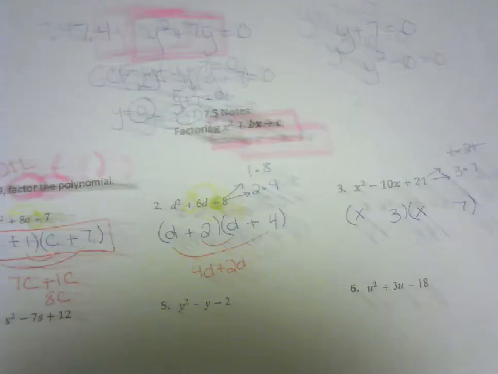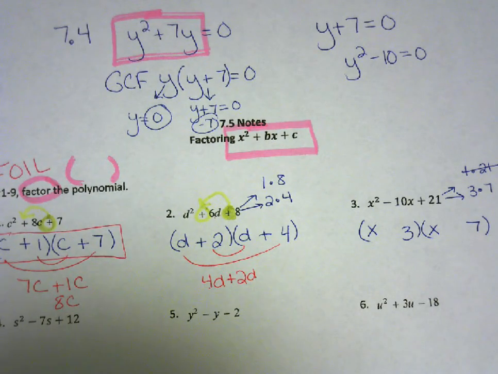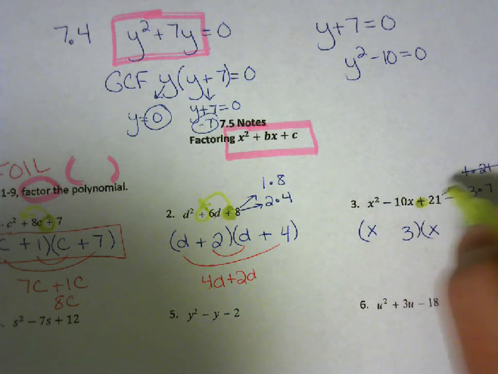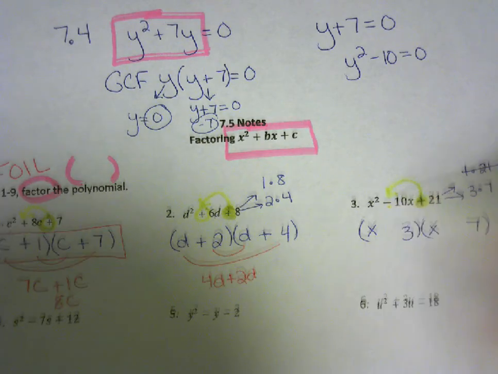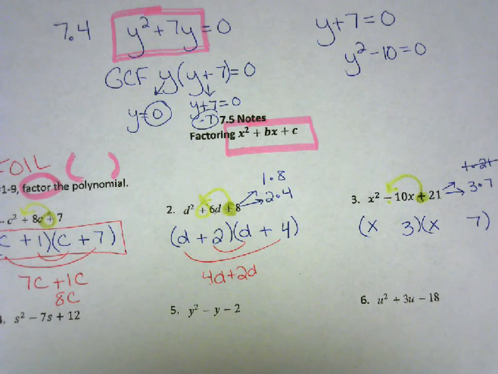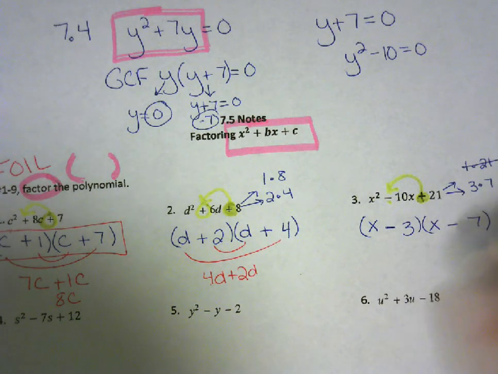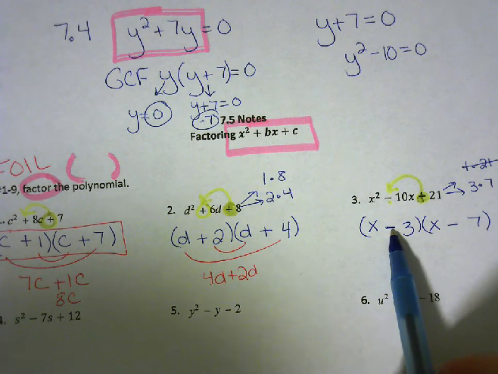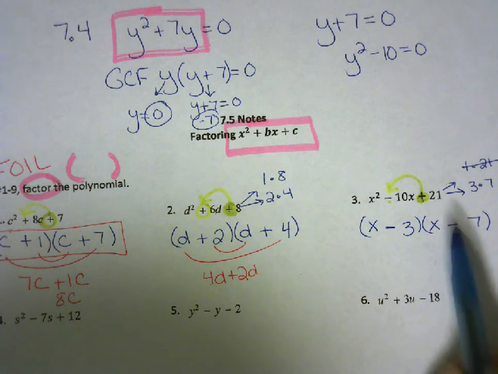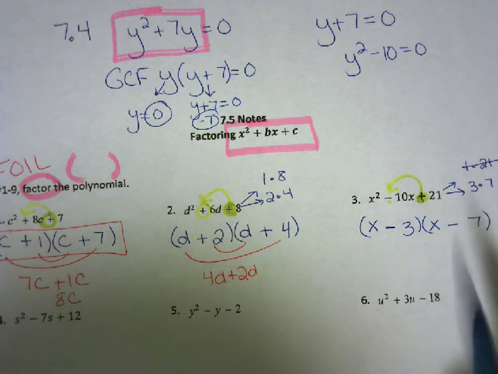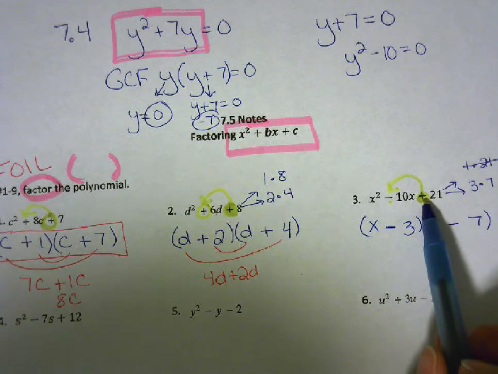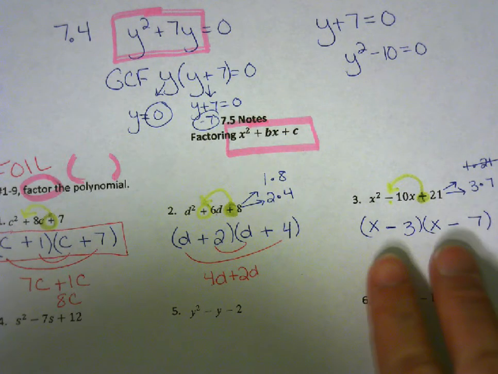Now, again, if you notice, my last symbol is a plus symbol, but look, I have a subtraction now. So what that tells me is that inside my parentheses, both of these need to be a subtraction. Because what's a negative times a negative? A positive. So whenever this last symbol is a plus sign, these will match.